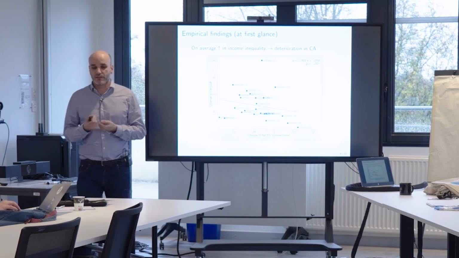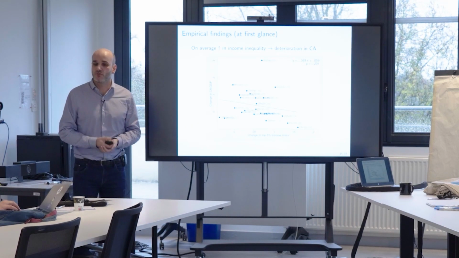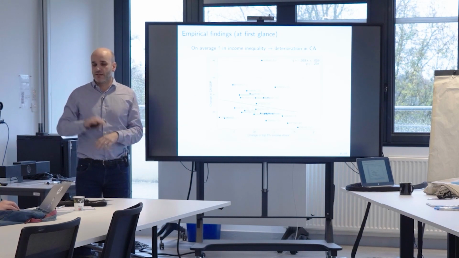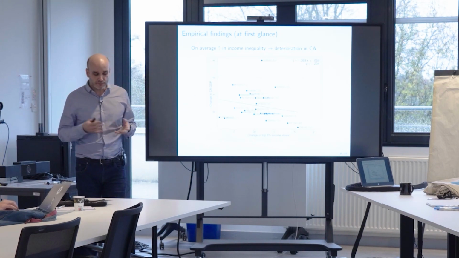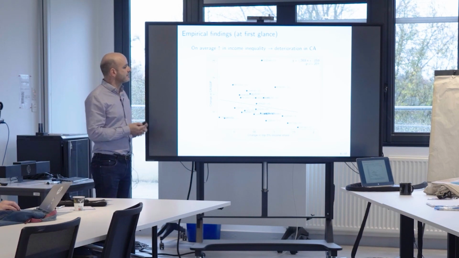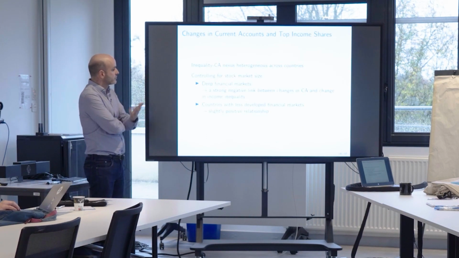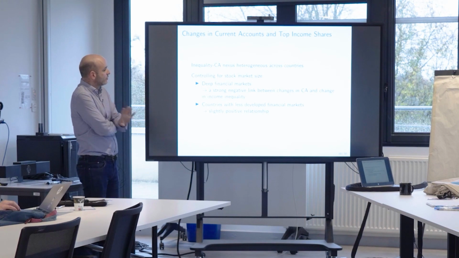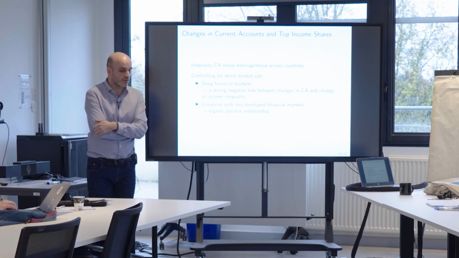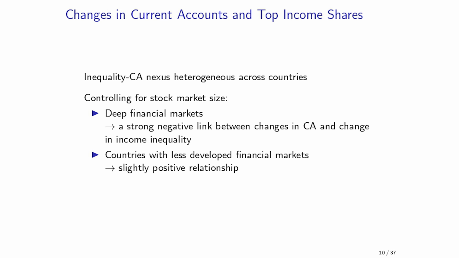But the first order approach would be to separate countries that have big financial centers and those that have small financial sectors. So we just proxy that by the size of the stock market. We take all the countries, we measure the stock market, and we take the half of the countries that have the smallest stock market.